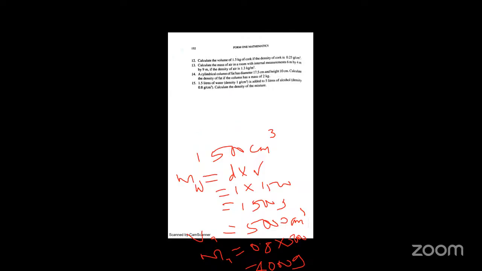So the density of the mixture will be equal to the total mass, which will be 4,000 grams plus 1,500, divided by the volume, which is 1,500, the volume of water, plus the volume of alcohol, which is 5,000.